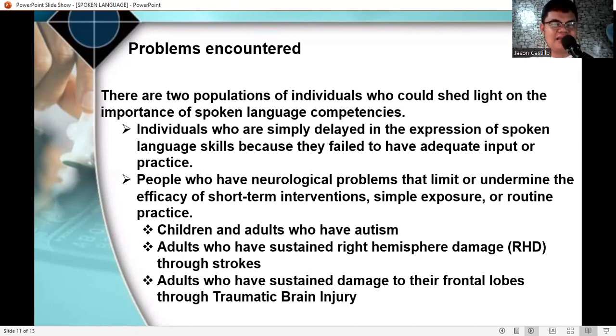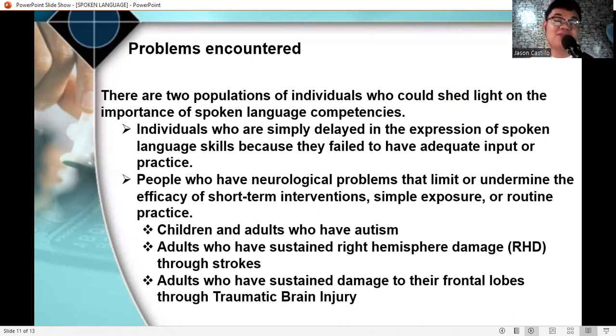That's why they failed to have adequate input. And the second one is, of course, the people who have neurological problems. That is also a big factor that limits or undermines the efficiency of short-term interventions, simple exposure, or routine practice.